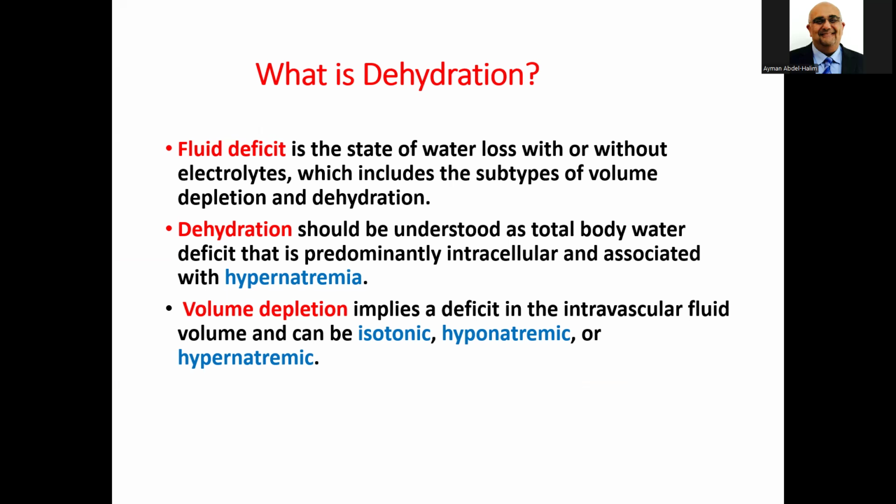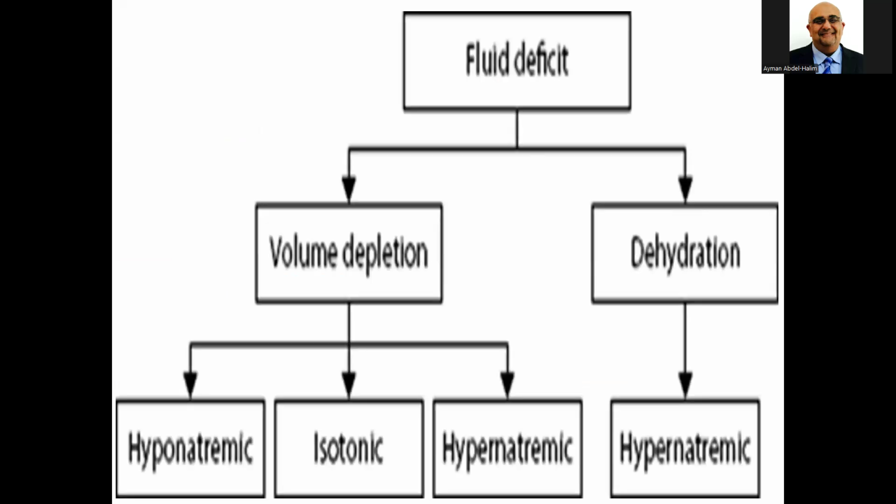Volume depletion implies deficit in the intravascular fluid volume and could be isotonic, hyponatremic, or hypernatremic. Fluid deficit is either volume depletion or dehydration. Dehydration is intracellular, volume depletion is intravascular; dehydration is hypernatremic, volume depletion could be hypo, isotonic, or hypernatremic.